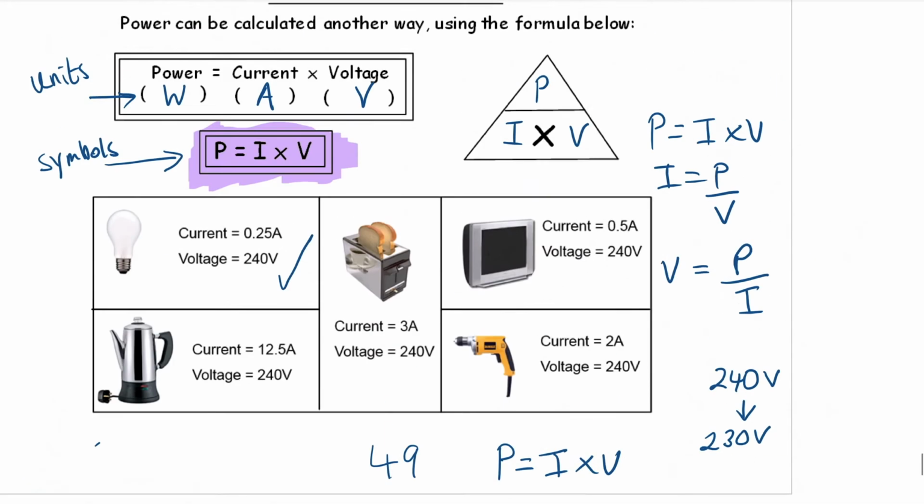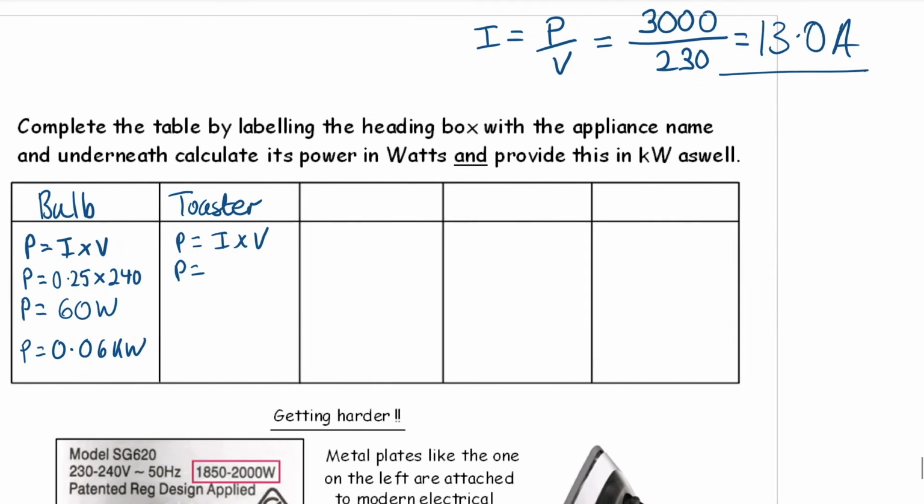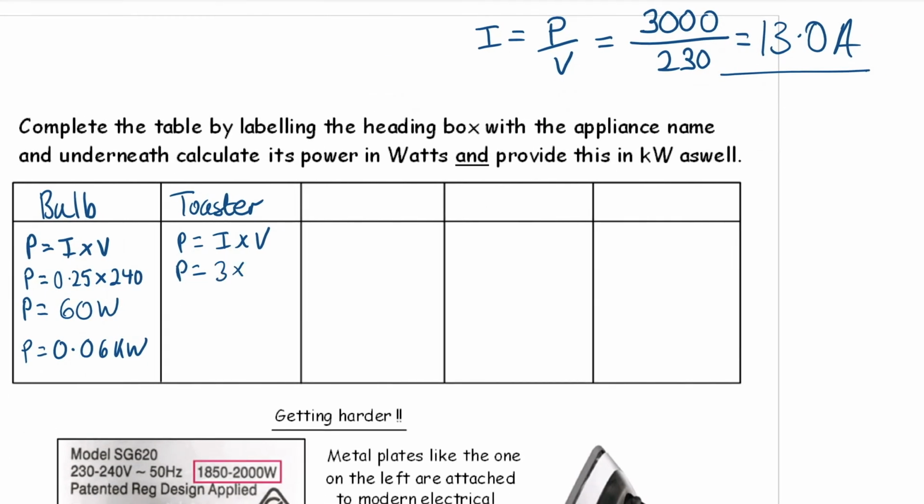So in watts, first of all, current 3 amps, so 3 times 240. That would be 3 times 24, which is the same as 6 times 12, so that will be 72, so it'll be 720 watts.